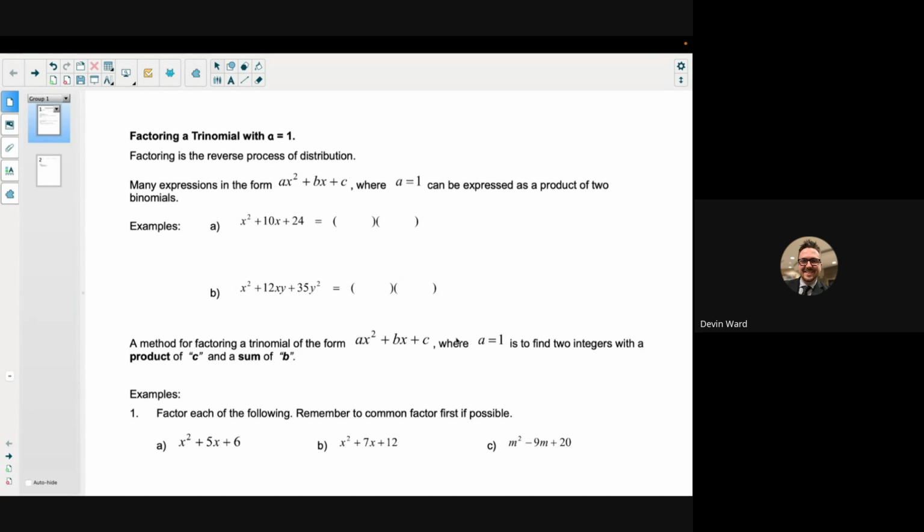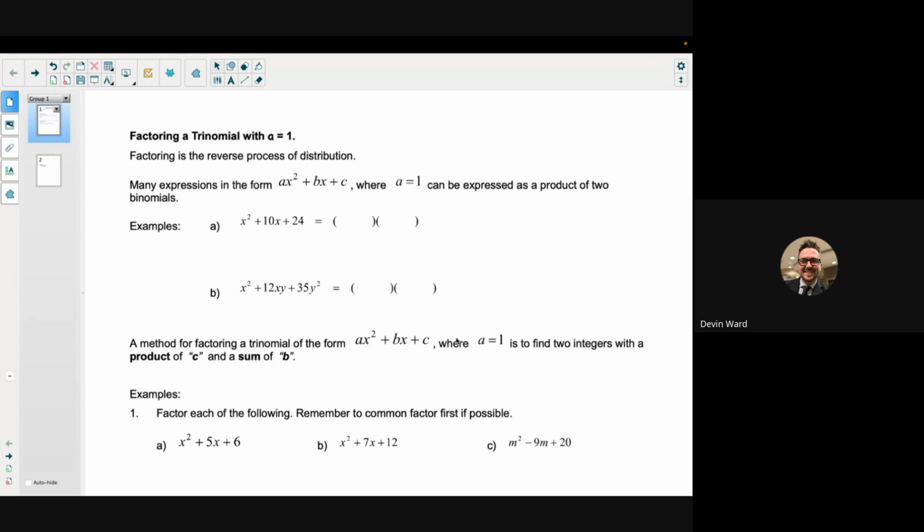I'm just going to write S and P, my numbers. But then when I'm setting up my brackets, I'm going to have x. There's still no number on the x because it's 1. I'm going to have 1x and 1x, but I will have a little space because I'm going to have a y with a number on it. And here I'll have x, little space, because I have a y with a number on it.